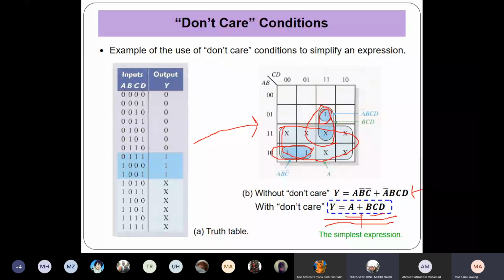Here. Oh, okay, sir. Can you see? B is this. So the one near A, B bar, C bar, we don't need to include it, sir? This one. No need, because it's already covered by the 8. Because you use this and this. Because you utilize the don't care to simplify your expression. Alright, sir.